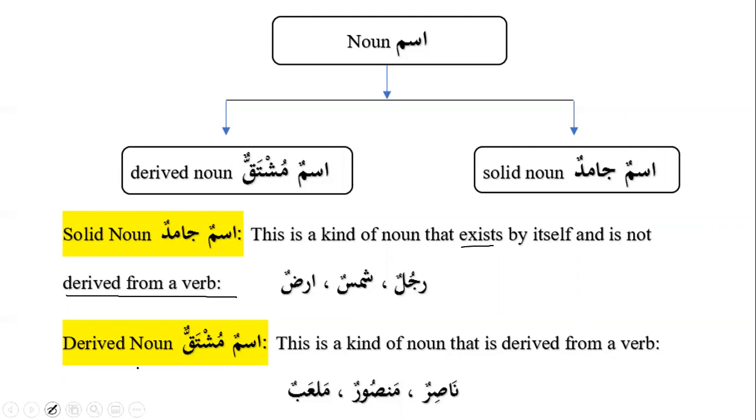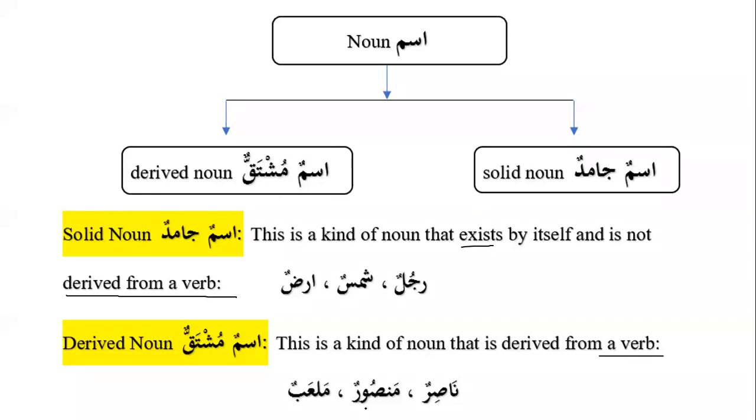The second one is ismun mushtaqun, the derived noun. So this is a kind of noun that is derived from a verb. So we derive it from a verb. For example, nasirun. So basically the root letters are nun, sad, and ra, nasara. And similarly, we have mansurun.